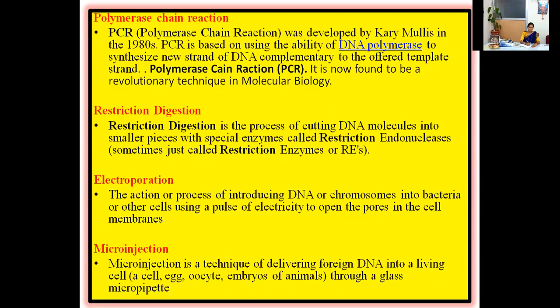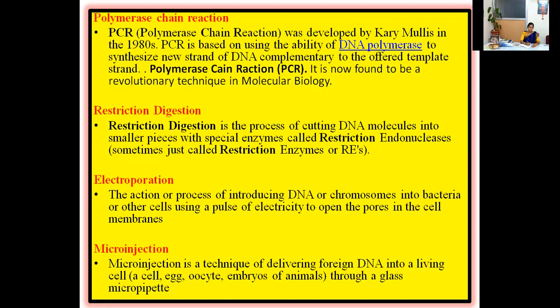PCR stands for polymerase chain reaction, which was developed by Kary Mullis in the 1980s. PCR is based on the ability of DNA polymerase to synthesize a new strand of DNA complementary to the offered template strand.